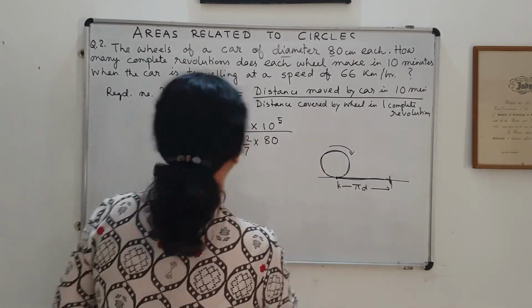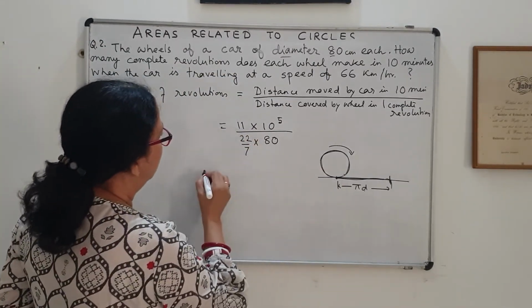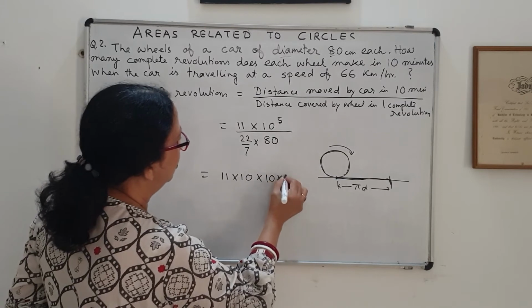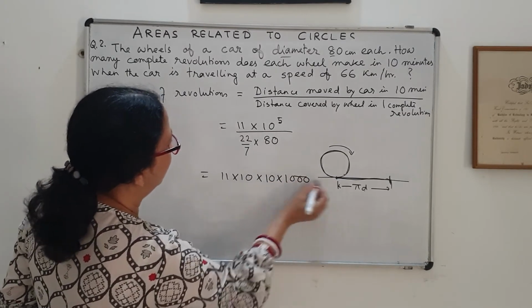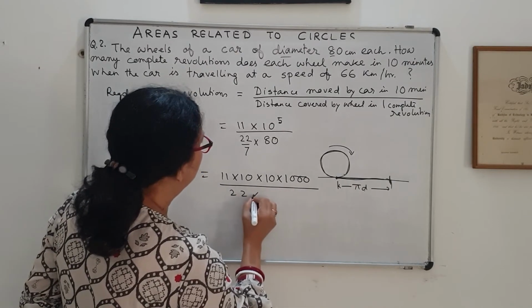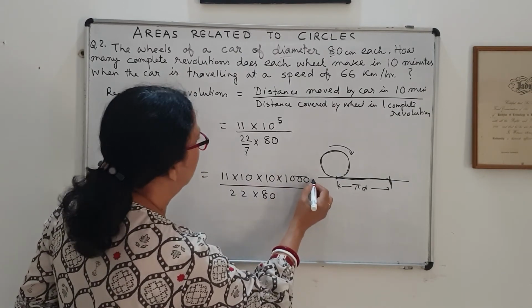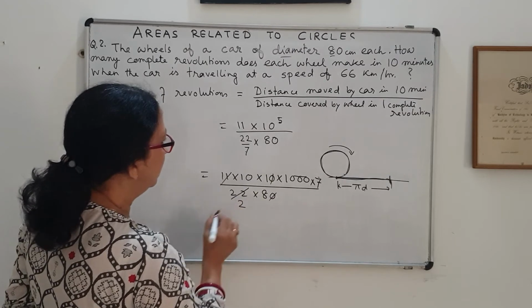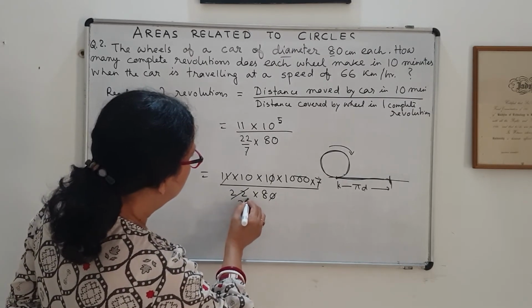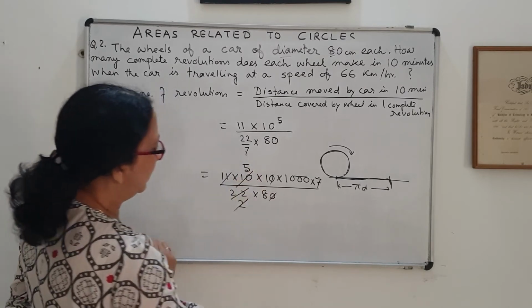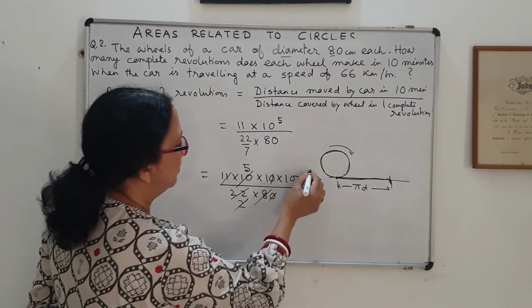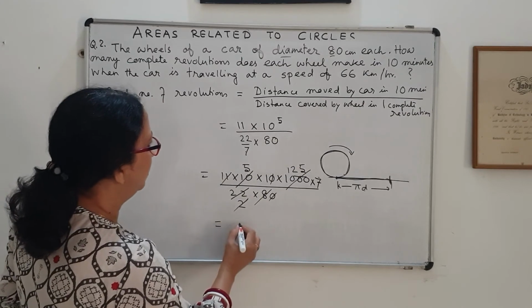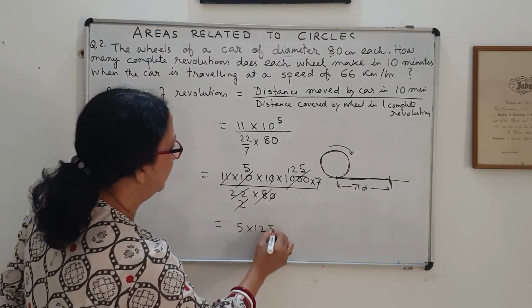The next thing is simply to do the calculation. 11 into 10 to the power 5, that is 11 into 10 into 1000, divided by 22 into 80 over 7, and this 7 will go up. 11 twos are 22 cancel, and this 8 will cancel with the 80 to leave 10. It comes out to be 5 into 125 into 7.